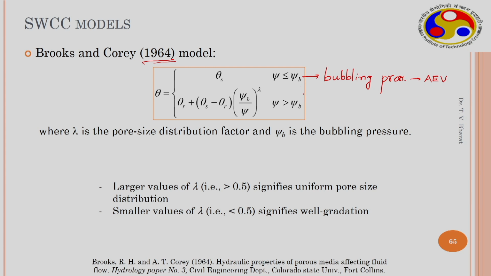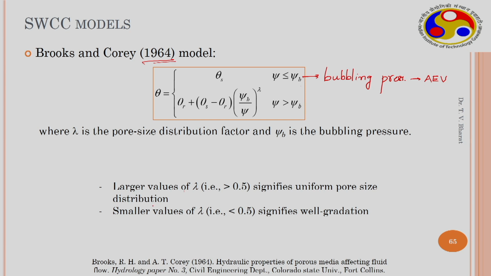So when the suction is at or less than the air entry suction, theta is equal to theta s. When the suction crosses the bubbling pressure, then you have theta r plus theta s minus theta r times psi b by psi to the power lambda. Here lambda is a pore size distribution factor and psi b is the bubbling pressure or air entry value.